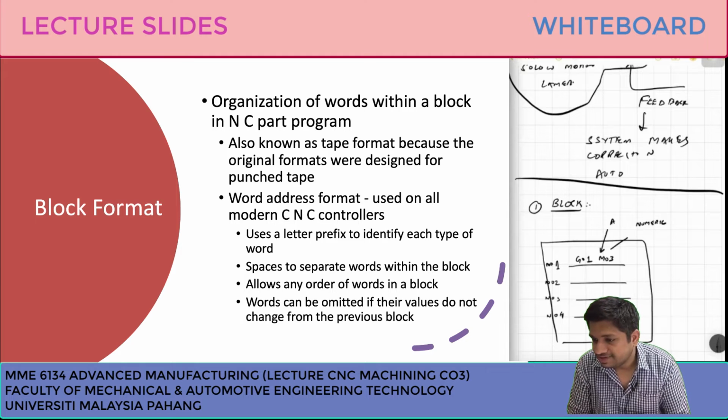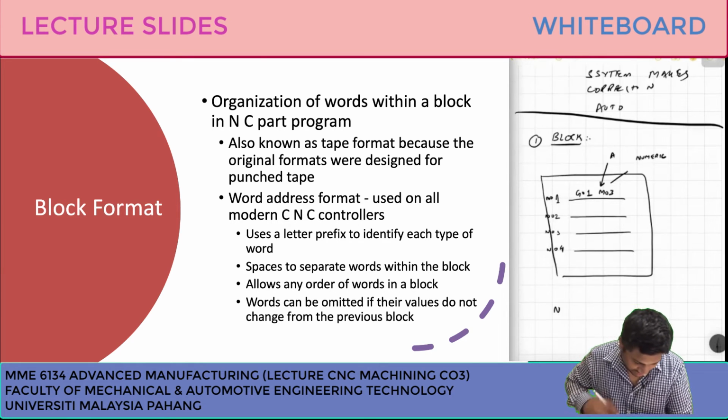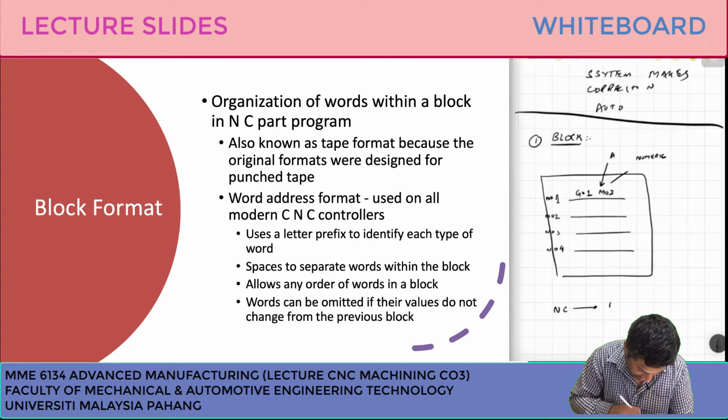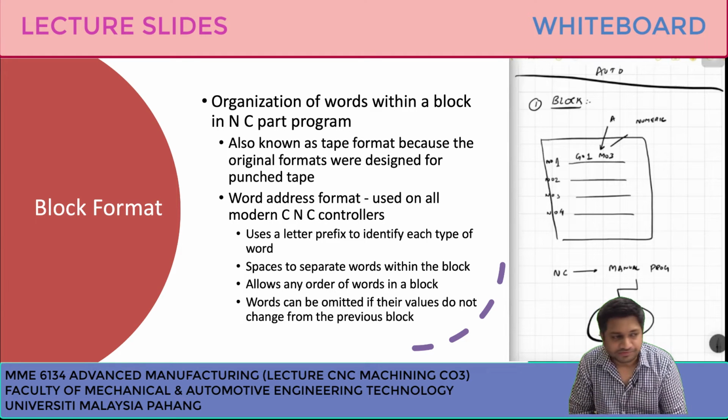This is a combination by which we carry out G and M coding. So for NC systems, we carry out manual programming, and manual programming is done by G and M codes.